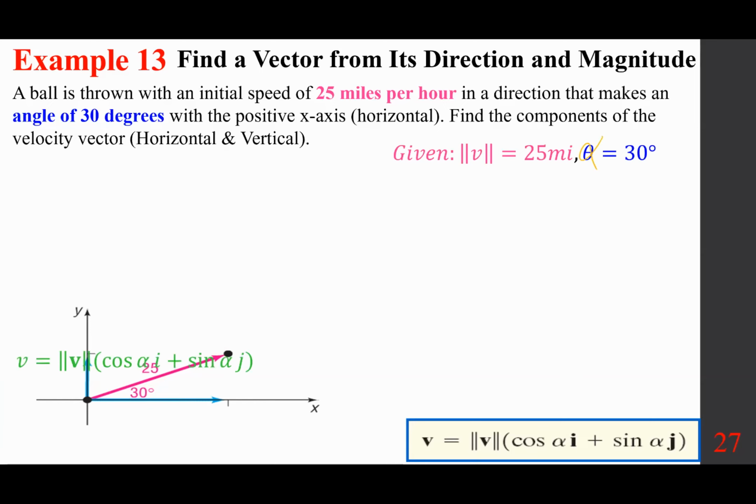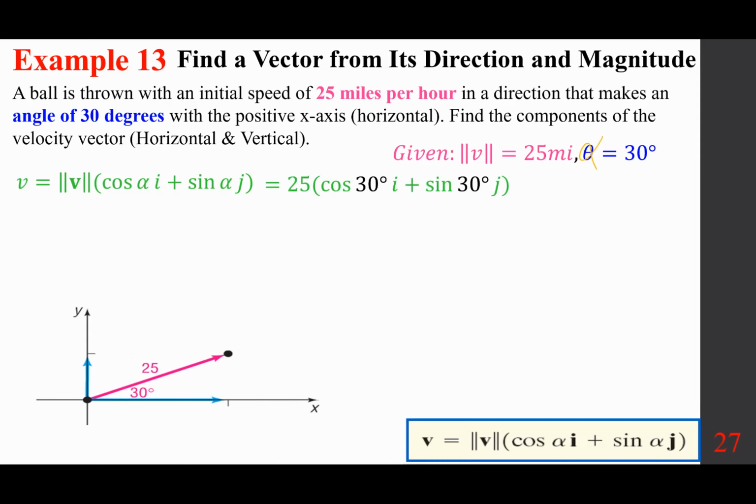And so using the formula, we plug in 25 times cosine of 30 degrees i plus sine 30 degrees j. Cosine is square root of 3 over 2 and sine is 1/2. Both are common angles, so we know those values. So 25 square root of 3 over 2 i plus 25 over 2 j, and those are precise answers.